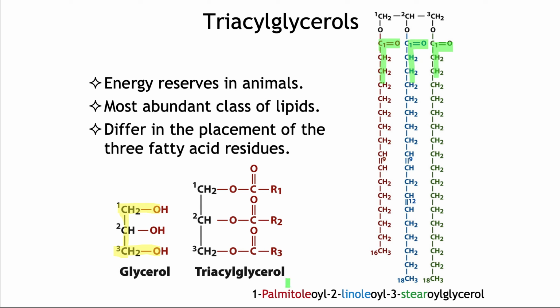So for instance, if you have a triglyceride that is composed only of palmitic acid, which is a 16 carbon fully saturated fatty acid, then we'd call it a tripalmitin, right? Or if it's composed of a number of different fatty acids, then its name really specifies the position of the different fatty acids, and those are known as mixed triglycerides.